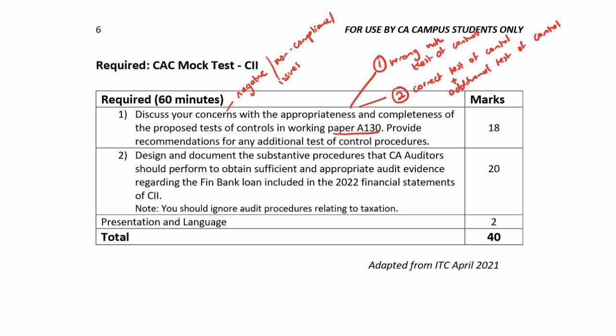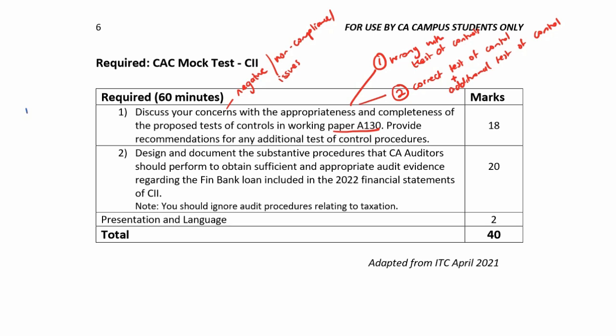Okay, so what I'm going to have to do here, identify the controls in the system description and then compare those to the test of controls in the auditor's work, and where there's a control and the test is fine, leave it.